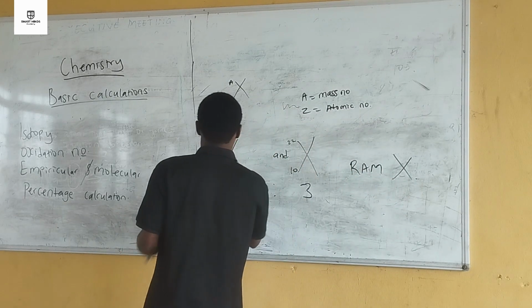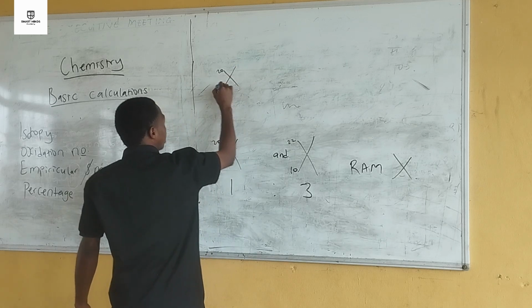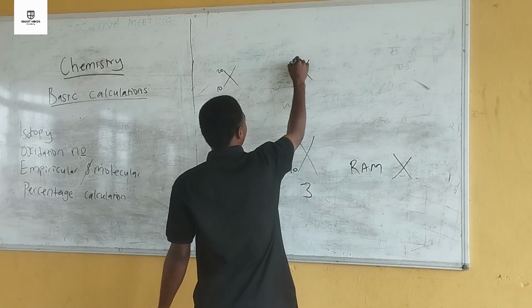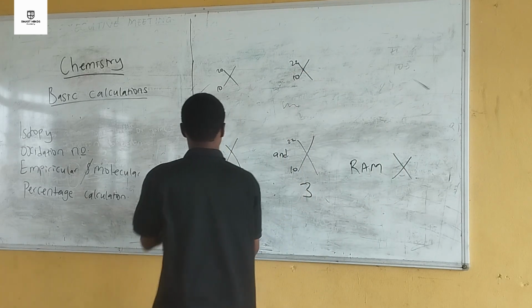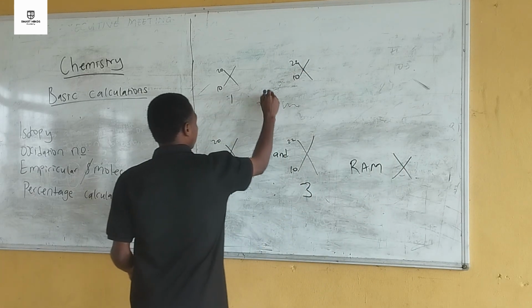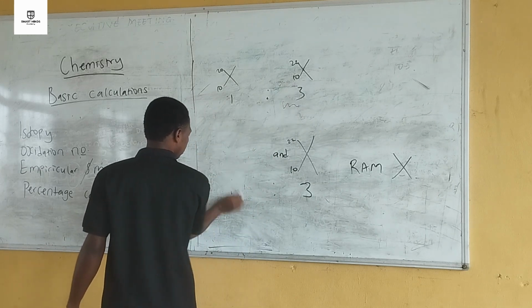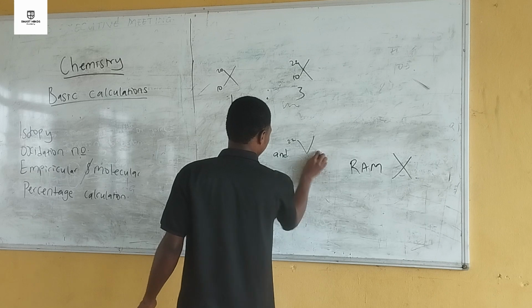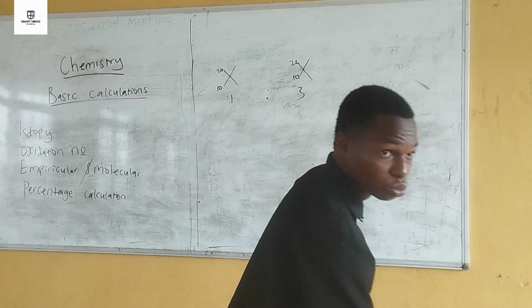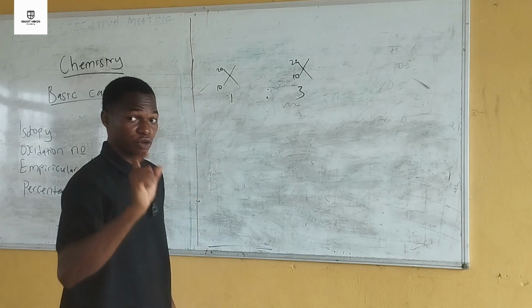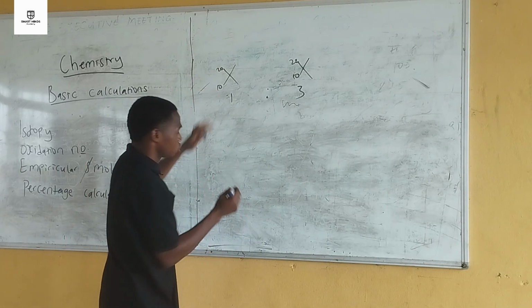So we have element 20, 10, element 22, still 10, in the ratio 1:3. So the first thing you will do when you're solving ratio, this one belongs to what? 20.